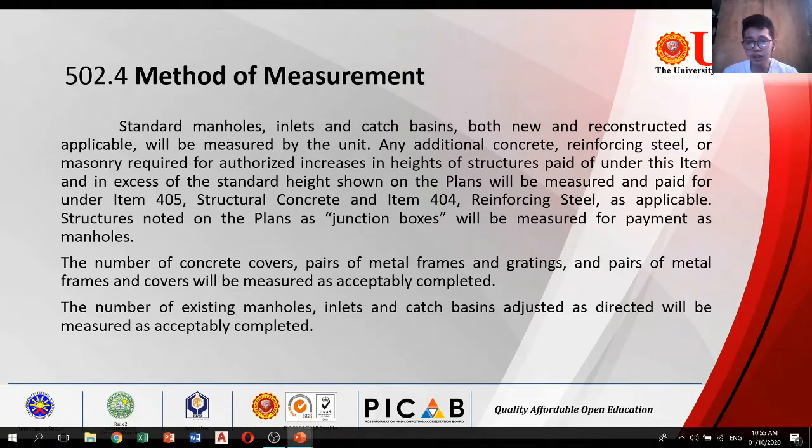Structural concrete in item 404, reinforcing steel, as applicable, structures noted on the plans as junction boxes will be measured for payment as manholes. The number of concrete covers, pairs of metal frames and gratings, and pairs of metal frames and covers will be measured as acceptably completed. The number of existing manholes, inlets, and catch basins adjusted as directed will be measured as acceptably completed.